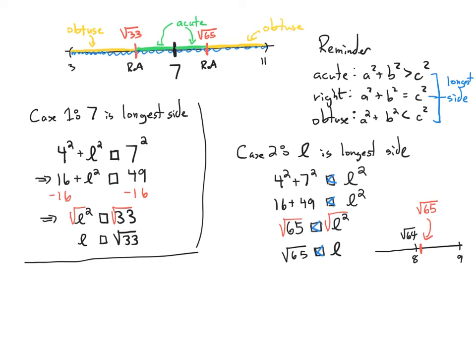Let me draw a little bit of a diagram to help us. So again, here's our length 7. And I'm going to start from the biggest case, so 11. So if we had something like this, here's our 4.